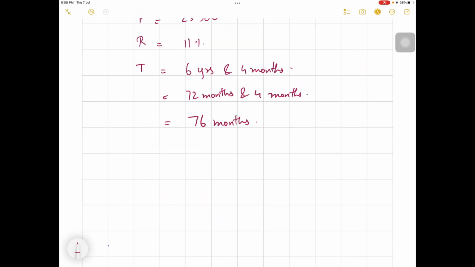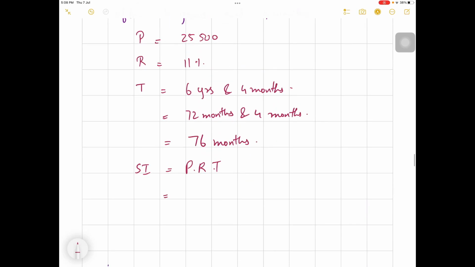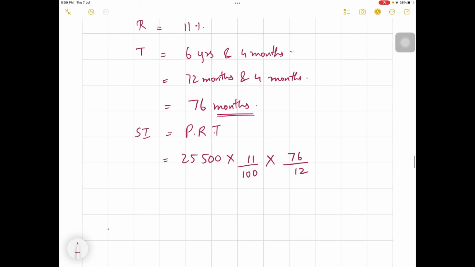Let's calculate. Simple interest is equal to P into R into T. P is 25,500, R is 11%, so 11 upon 100, into T. T is 76 months, so 76 divided by 12, because it is in months, so divide by 12 because in a year there are 12 months.